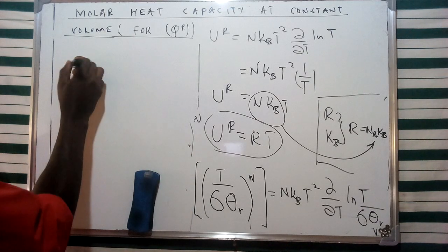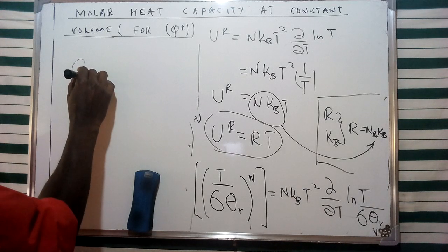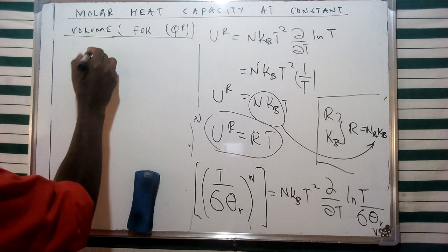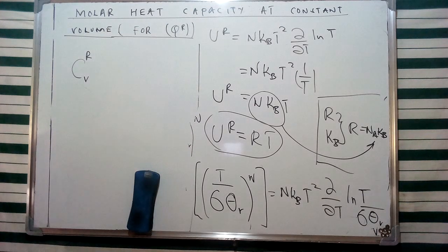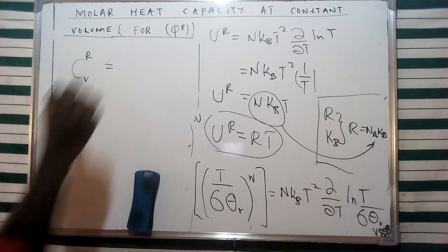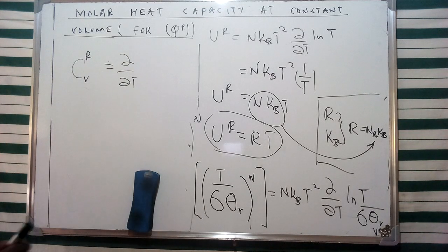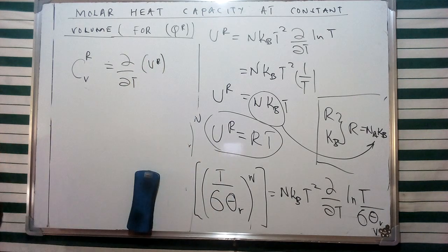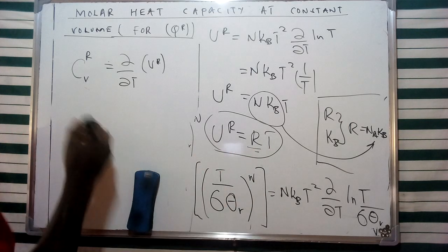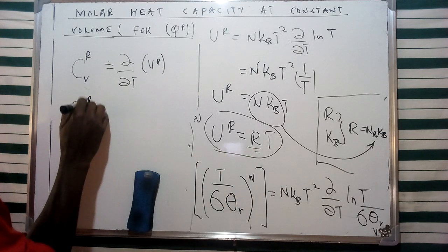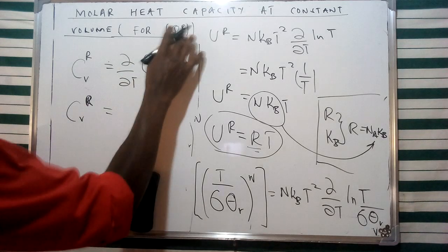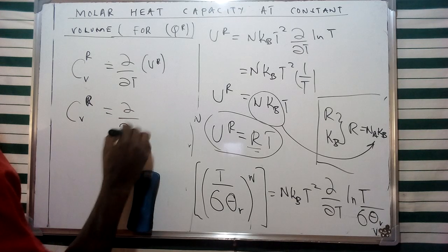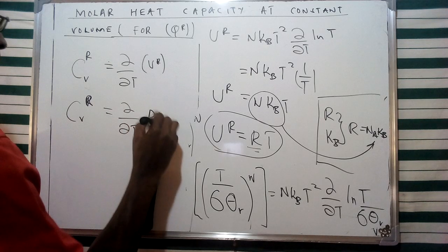So this is CV, the molar heat capacity at constant volume, for the rotational aspect, represented as the partial derivative with respect to temperature of this UR. We do a substitution and have the molar heat capacity at constant volume of this rotational partition function given in terms of the partial derivative of RT.